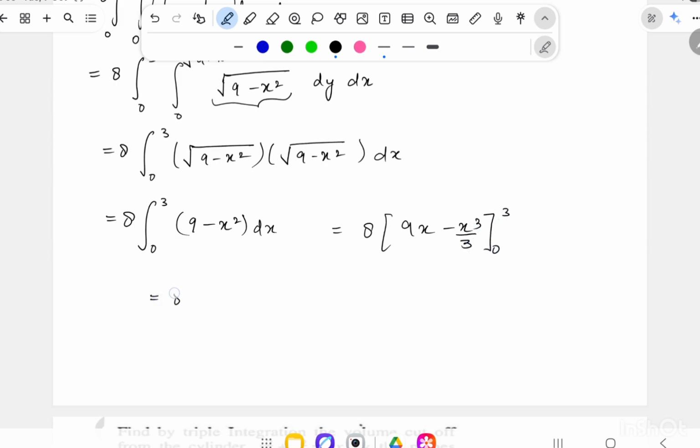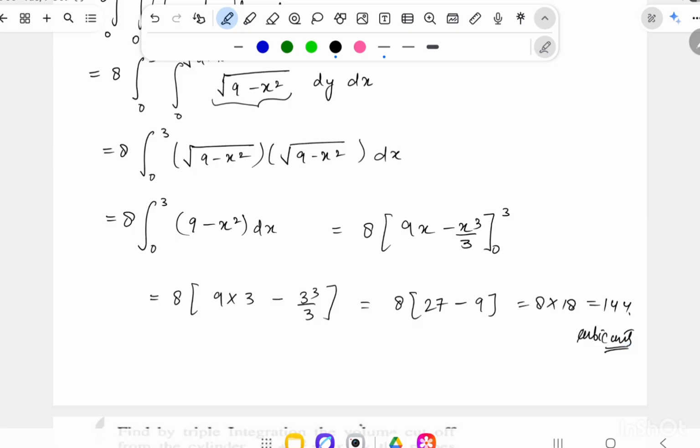That gives us 8 times (9 into 3 minus 3 cube by 3), which is equals to 8 times (27 minus 9), which is 8 times 18, that is 144. So this 144 cubic units is basically our final answer, or the volume that is enclosed by the given two cylinders. So let's move on to the next question.